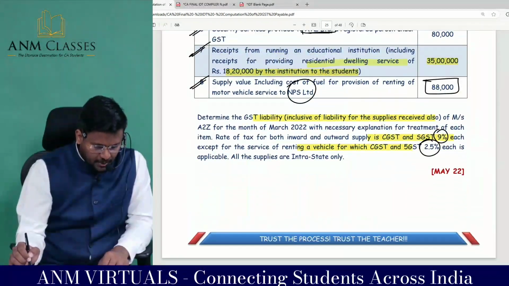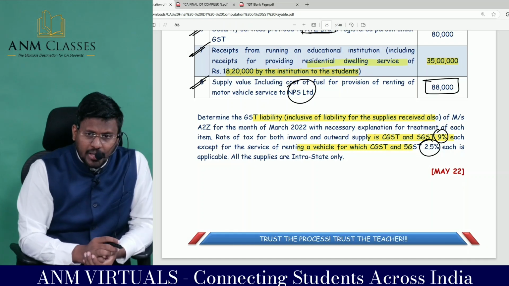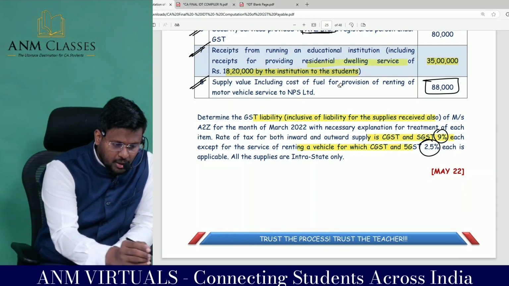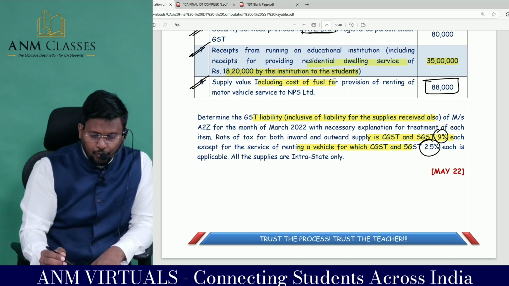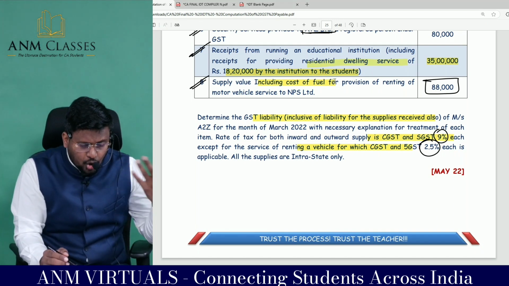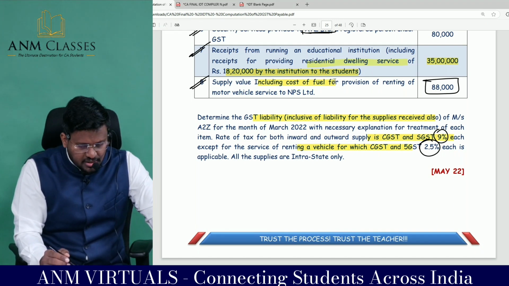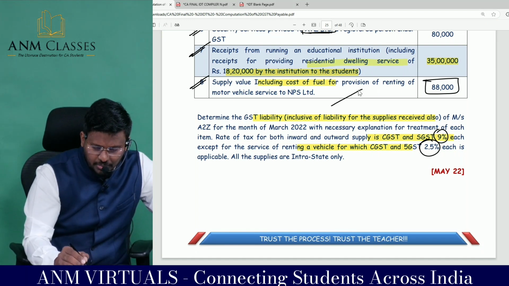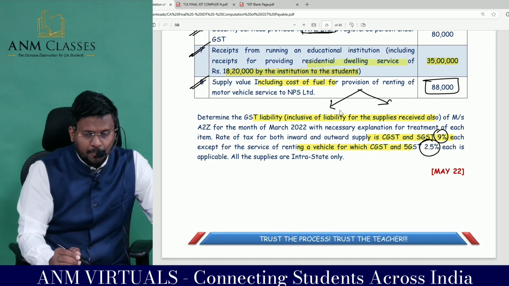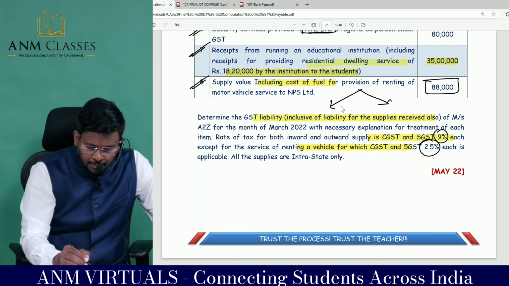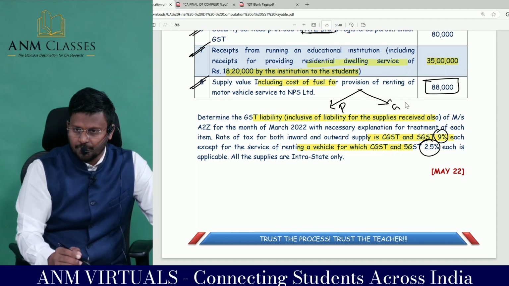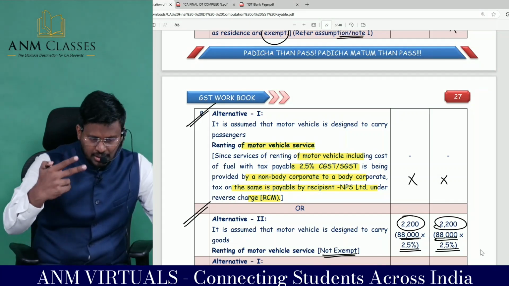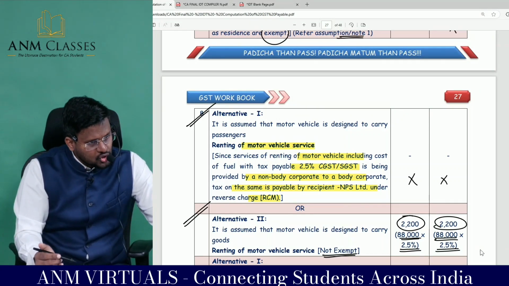I am reading that once again. Supply value including cost of fuel. Including cost of fuel is very important. Including cost of fuel for provision of renting of motor vehicle services to NPS Limited. Here we can assume that the motor vehicle may be for carrying passengers or goods. Now read it. If it is for passengers, RCM.